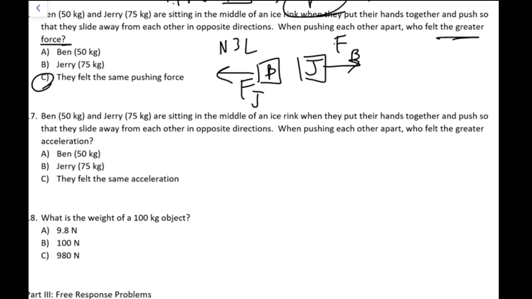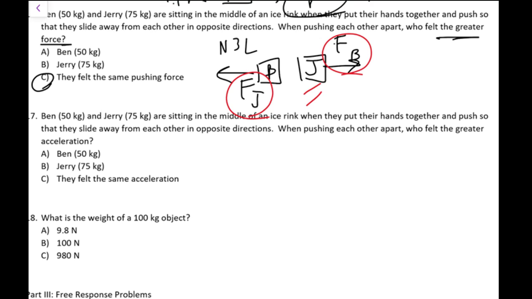So again, these two forces, this force and this force are equal. And both slide away from each other because there's not a lot of friction holding them back.